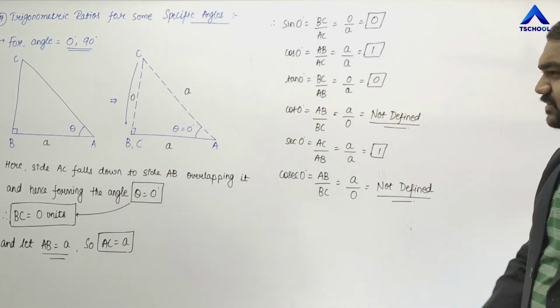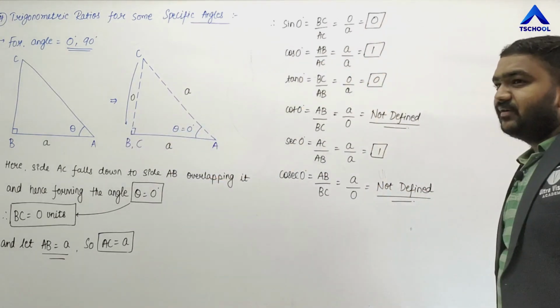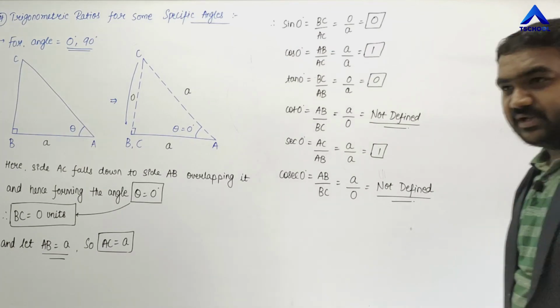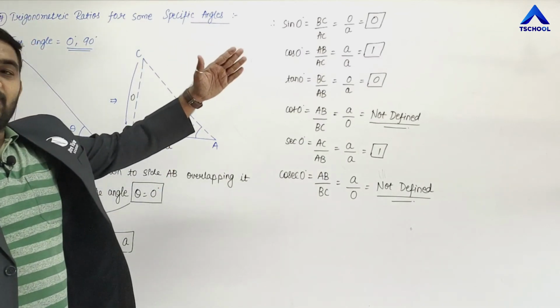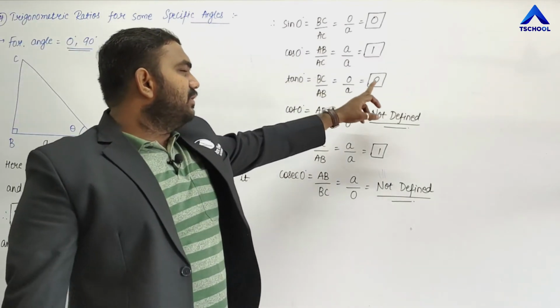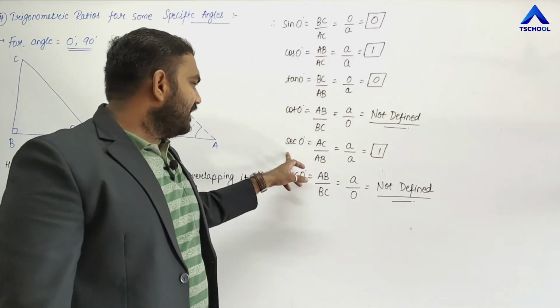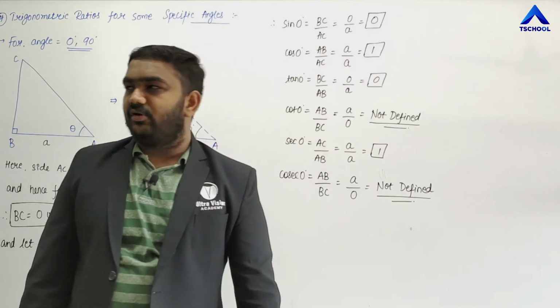We got the sides, so that is A, 0 and A, and hence we can simply find out the trigonometric ratios for theta equals to 0 degree: sin 0 equals to 0, cos 0 equals to 1, tan 0 equals to 0, cot 0 equals to not defined, sec 0 equals to 1, and cosec 0 equals to not defined.